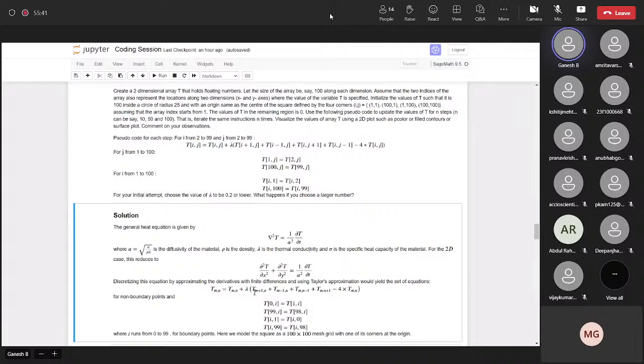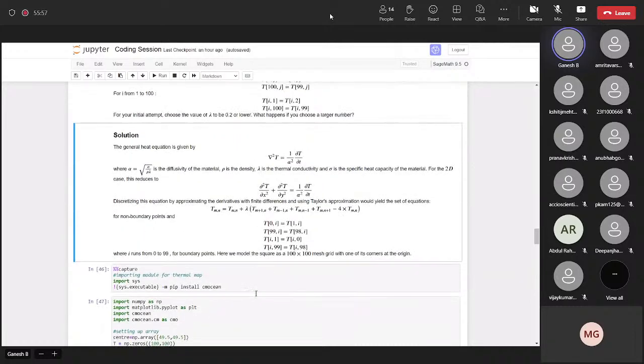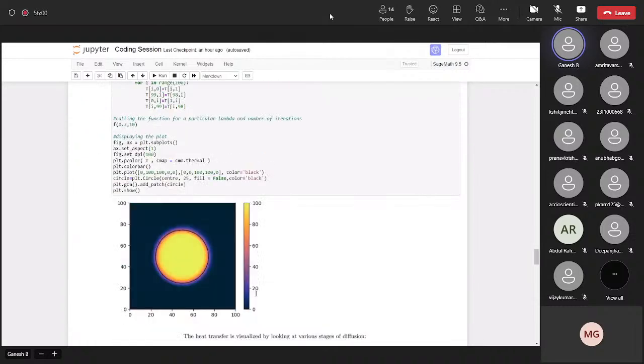For boundary points, these are special conditions, and you don't need to complicate it. You can just assign the neighboring value to the boundary points.